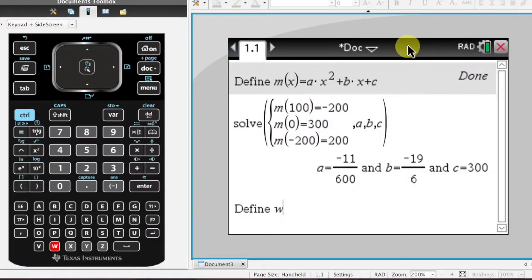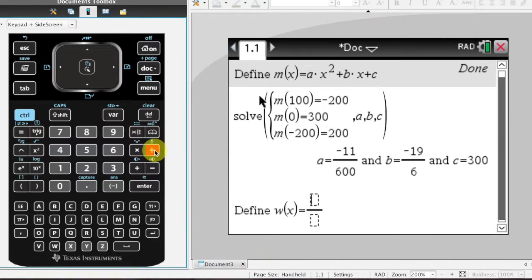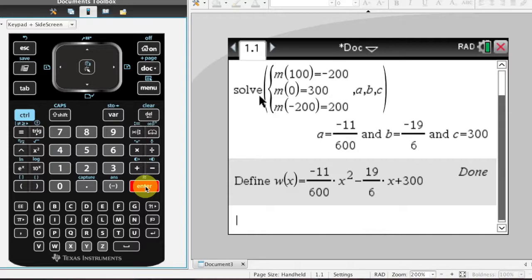And I'm going to have w of x equals, and I'll bring up the fractional template, negative 11 on 600, oops, times x squared, minus 19 on 6 times x, and then finally plus 300. So that now has been defined.